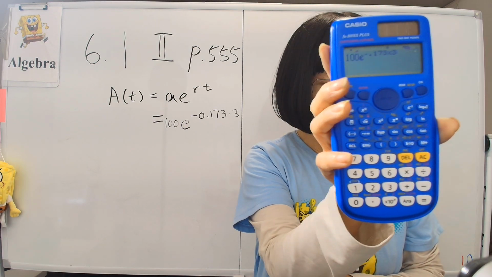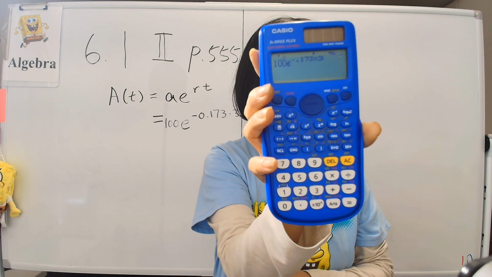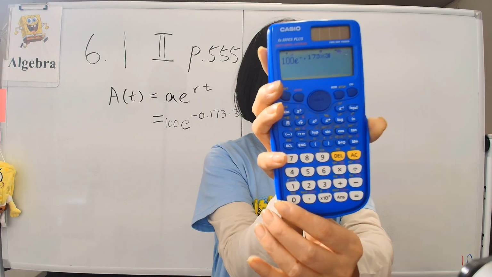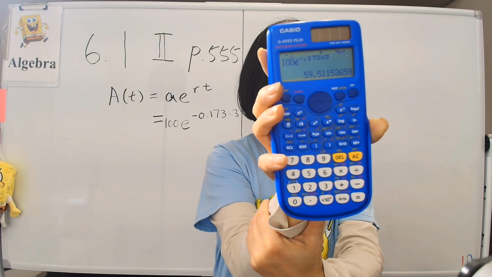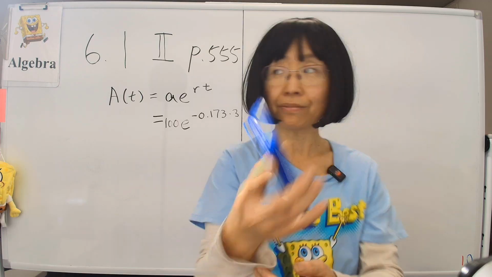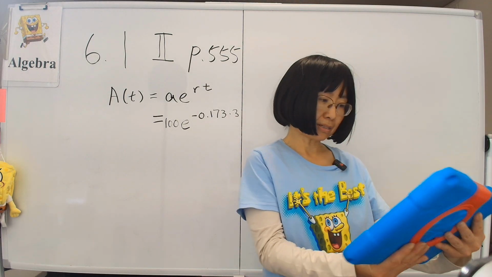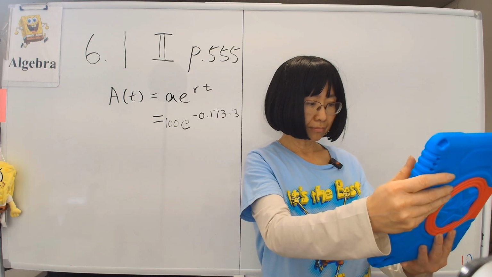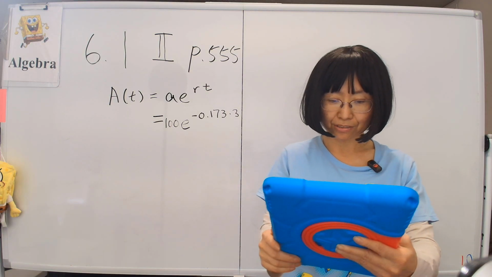Now, once you get that in, it should be typed in correctly. So I got the answer 59.51. Yep, that is correct. So that is the answer to that problem.